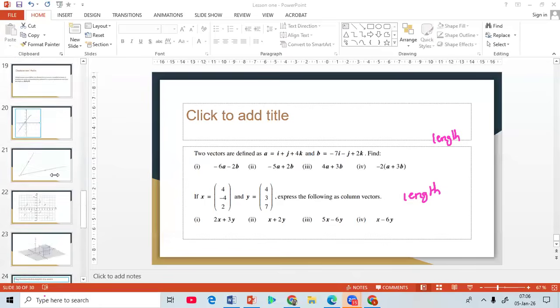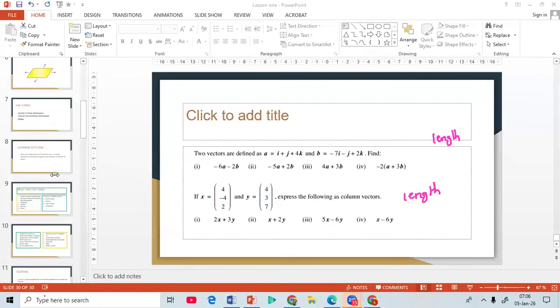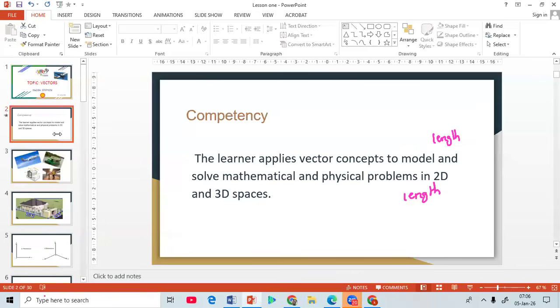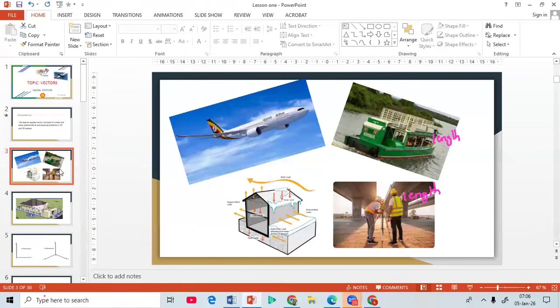By the end of this topic, the competence requires us to be able to do models that are in the physical world and the mathematical world. So you'll find that we are going to design models, or have scenarios or applications involving these things.